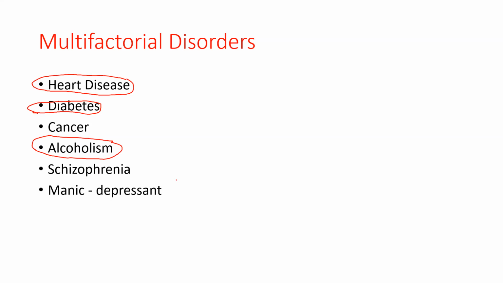We can actually show via pedigree chart that people who are descended from alcoholics are more likely to be alcoholics. So if your mother was an alcoholic, your father was an alcoholic, there's a greater chance that you yourself will become an alcoholic. It doesn't have to happen, of course. But if you know within your family group there's a tendency towards extremes of behavior and addiction, you have to be more careful, right?